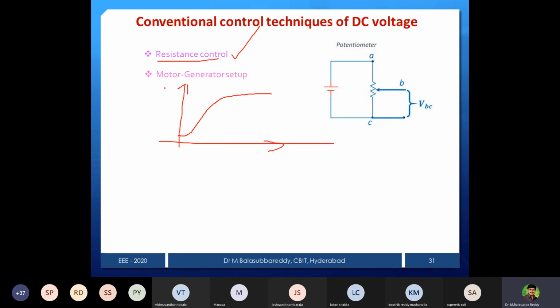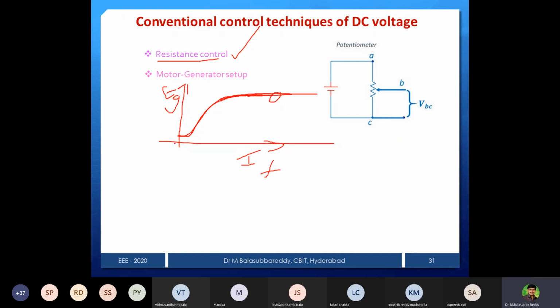So there is Eg, the generated voltage of a generator, and then the excitation of a generator. If I increase the field current gradually, then what will happen? The generated voltage is going to vary gradually. And if you keep on varying, once the core is saturated, it won't increase further, it remains constant.